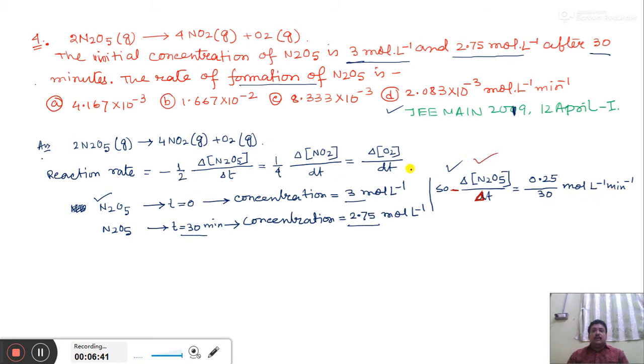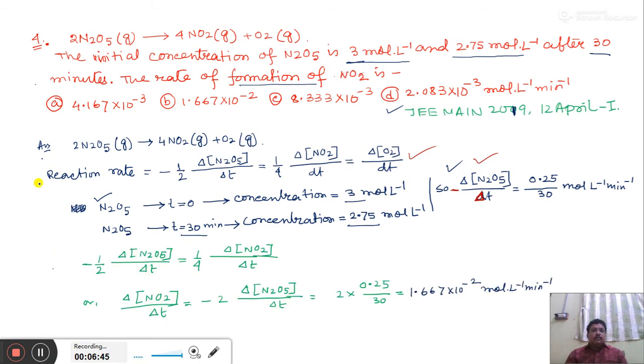Putting this value in the above equation, from this reaction rate we can write minus half del N2O5 by del t is equal to 1/4 del NO2 by del t. So from this equation we can calculate del NO2 by del t is equal to minus 2 of del N2O5 by del t.